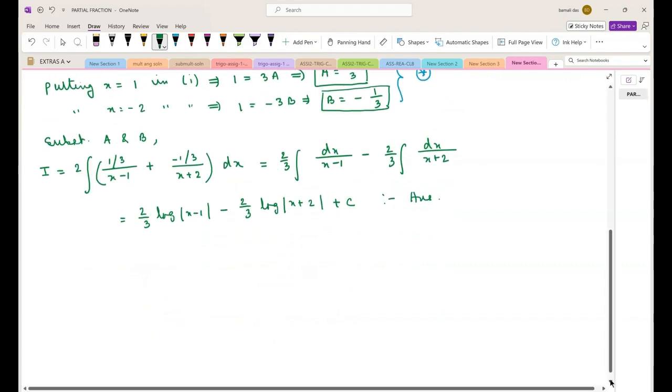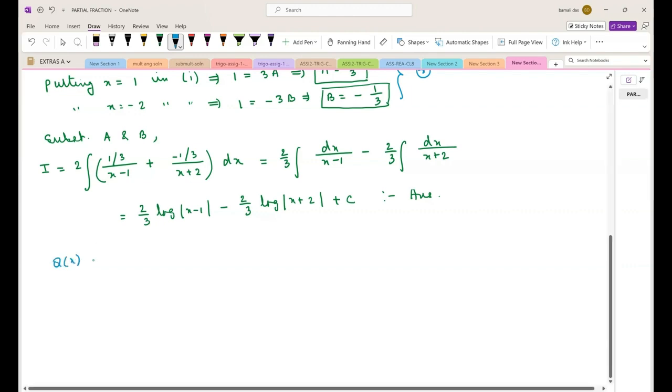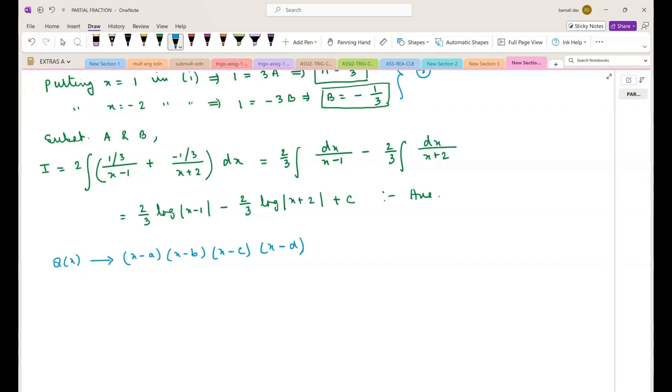Just for discussion's sake, let me also add that it might so happen that your qx, you had to express as a product of say three factors or four factors. Here we had ultimately two. So say x minus a, x minus b, x minus c, x minus d. Such situations rarely occur, maximum you can get is 3, but still I'm taking 4.